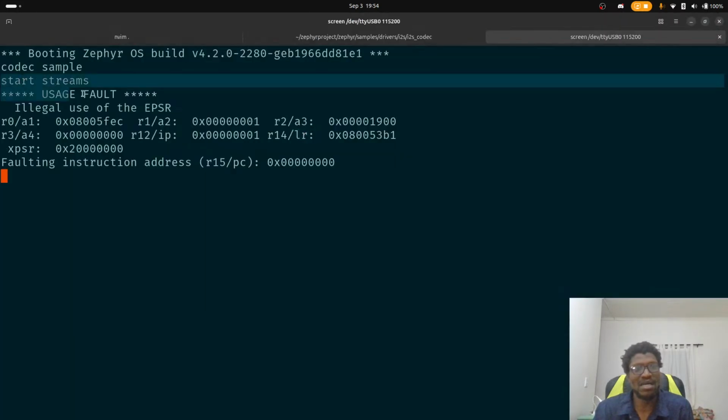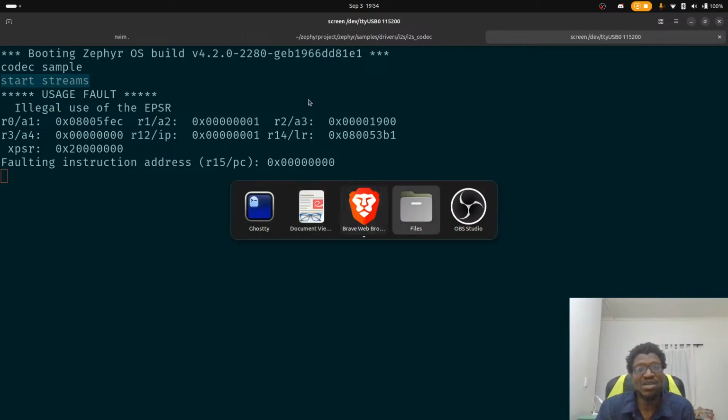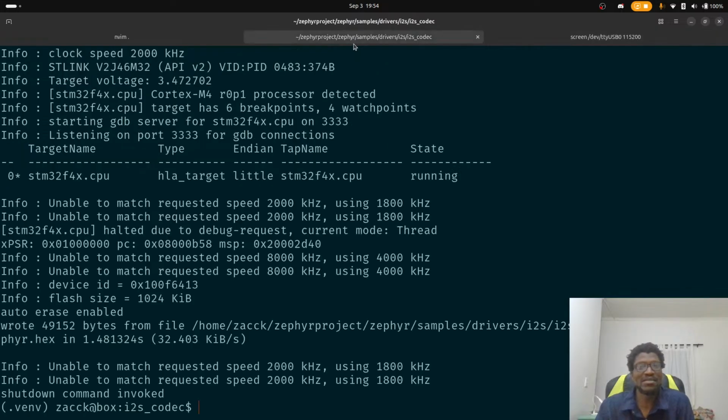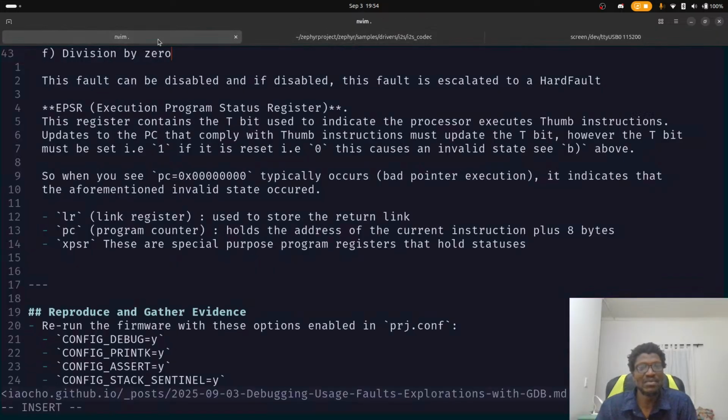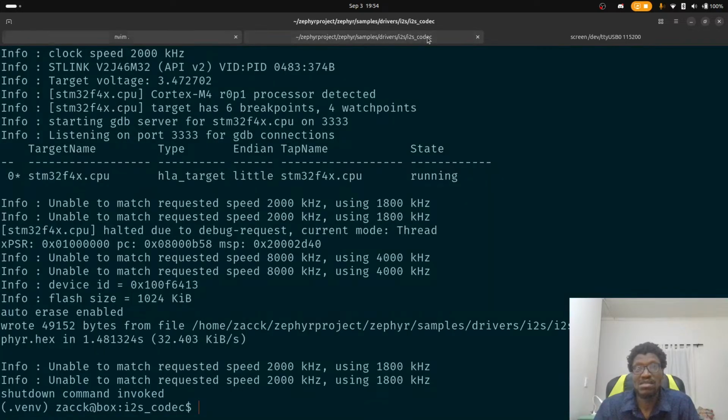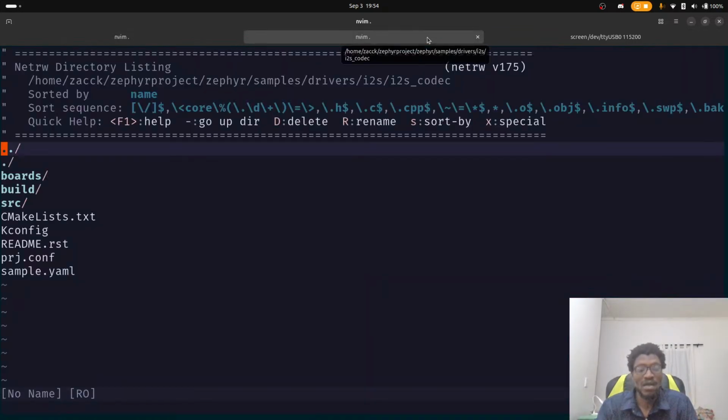But we also have a few hints, because if we look at this error, there's a log here. It says start stream, and that's going to be it. So if we go into our code and look for that start stream, where is this?